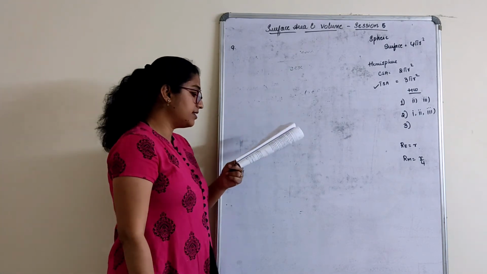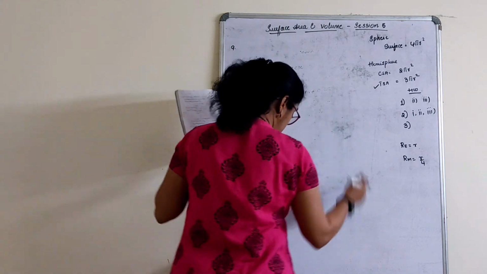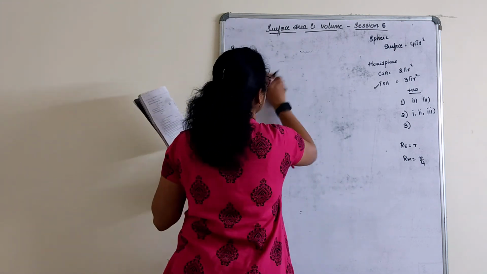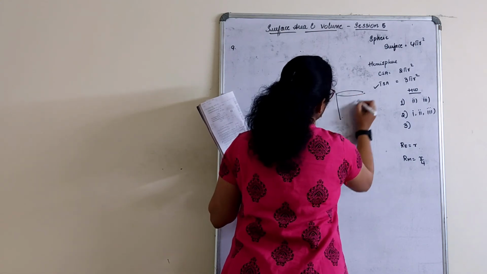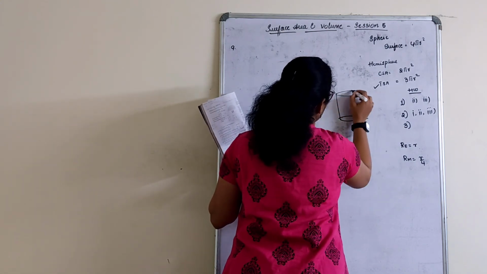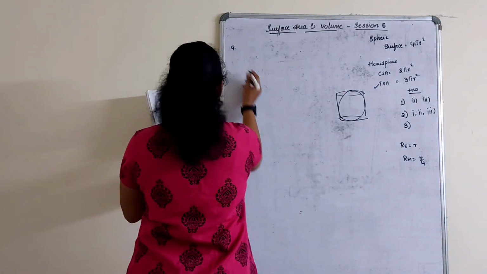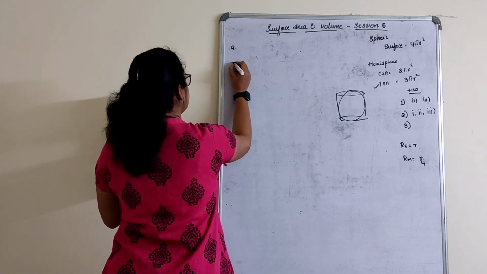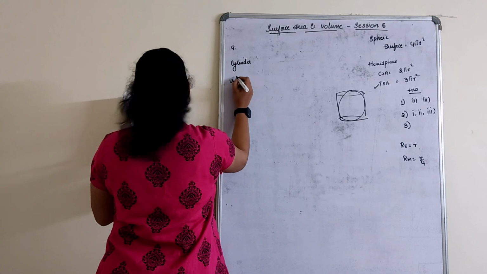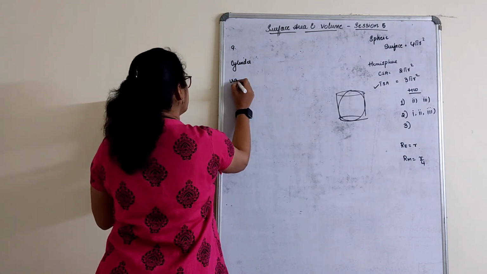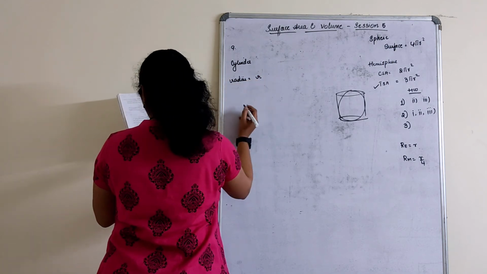A right circular cylinder just encloses a sphere of radius r. So according to them, there is a cylinder which encloses exactly a sphere. Okay, of radius r. So first of all, what we can write here is, this is a cylinder. So radius of the cylinder is r.